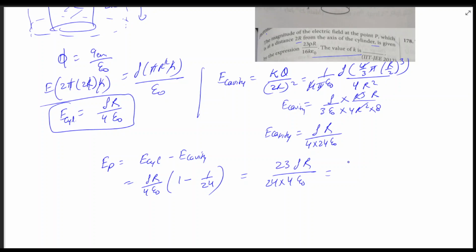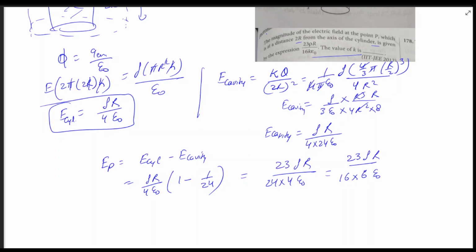So if I take 4 common, we'll get 23 rho R upon 16 into, so 8, 6 will be left, right? Yes, so 24 into 4 it will be 96, and this will be 96.